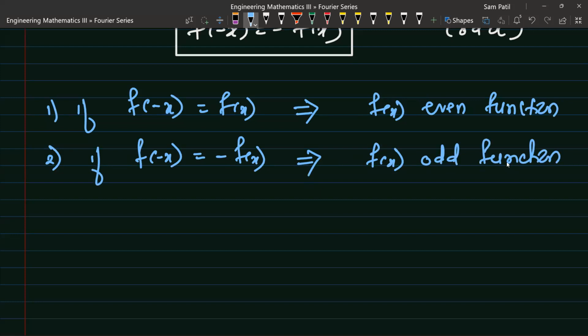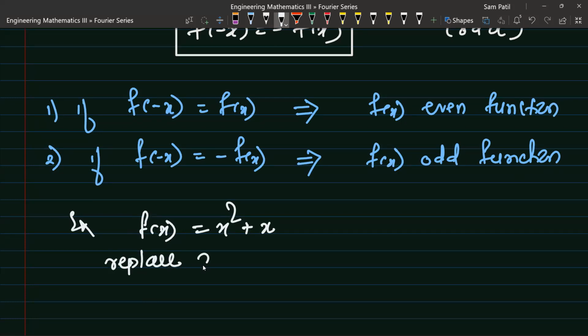There are certain functions that are neither even nor odd. Let me explain this with an example. Suppose I take f(x) equal to x² + x. If I replace x by minus x, what do I get? f(−x) is equal to (−x)² + (−x). I am replacing x by minus x.